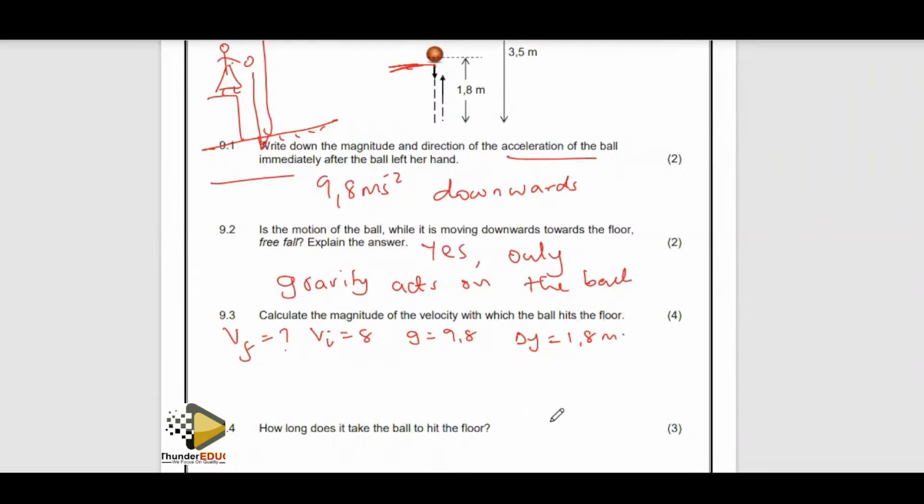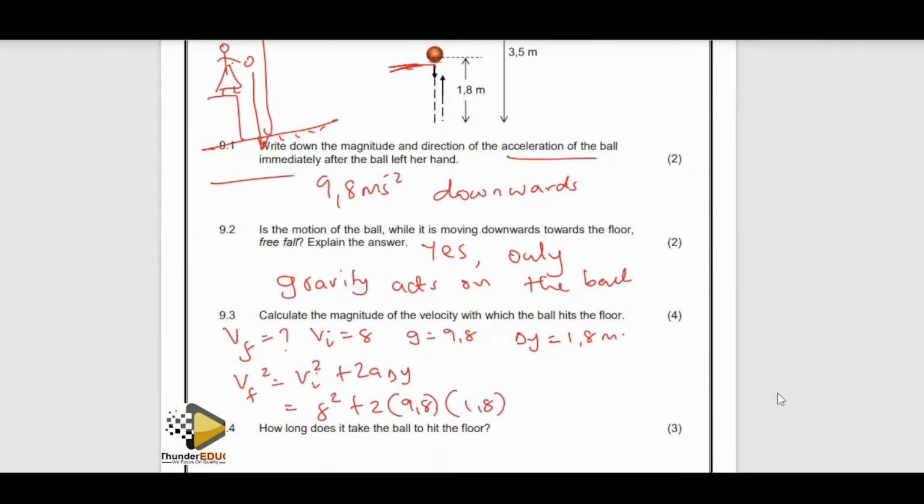So we can use VF squared is equal to VI squared plus 2a delta y. We're looking for VF. Our VI is 8, squared, plus 2, since the ball is dropped down, it's gonna be positive 9.8, and then the height is 1.8.